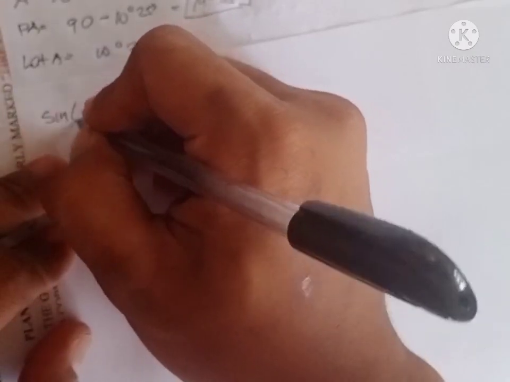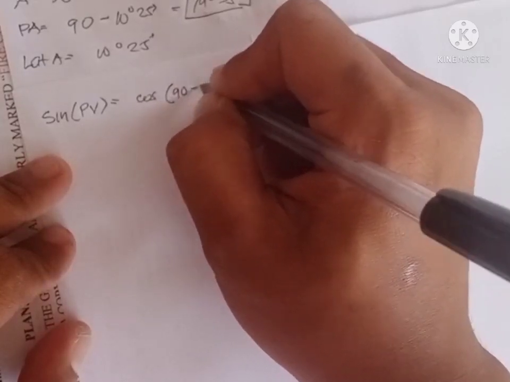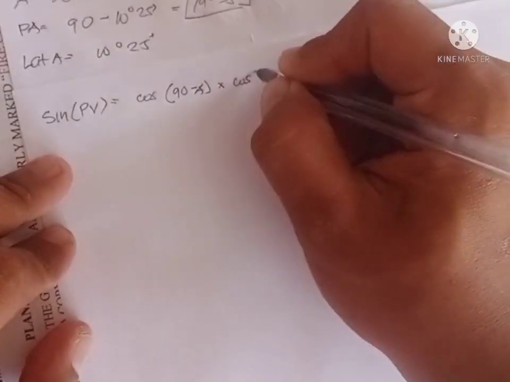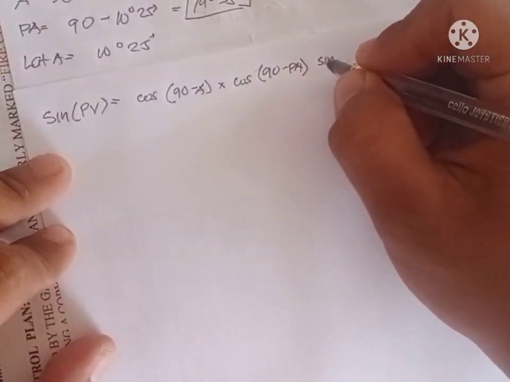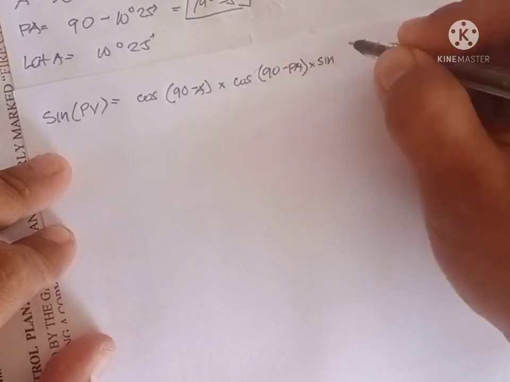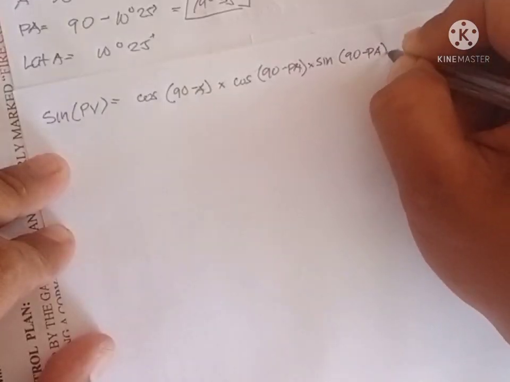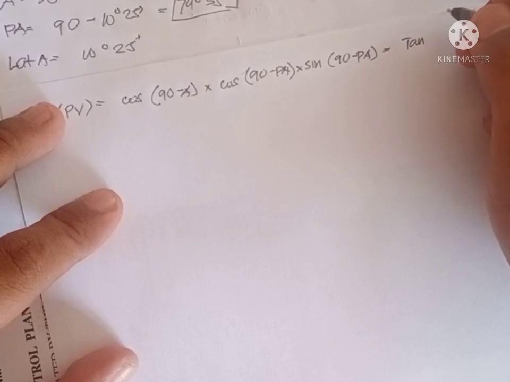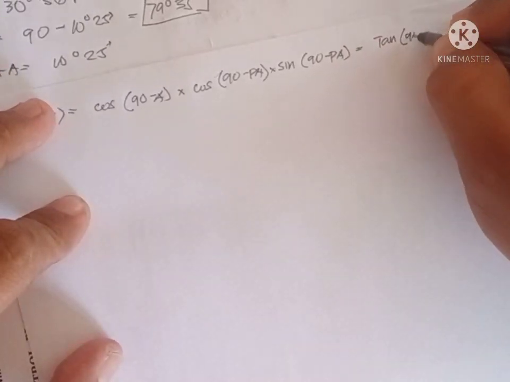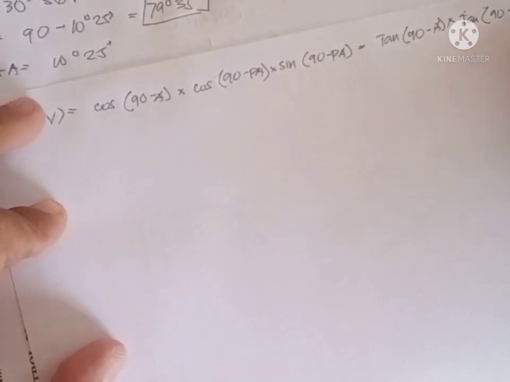Sine PV is equal to cos 90 minus A times cos 90 minus PA, sine PA is equal to tan 90 minus A times tan 90 minus P.